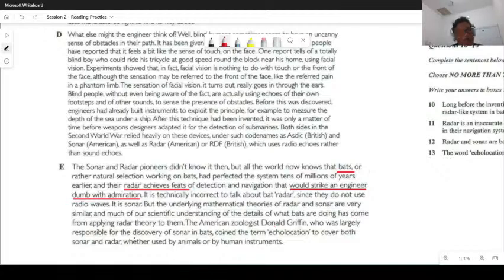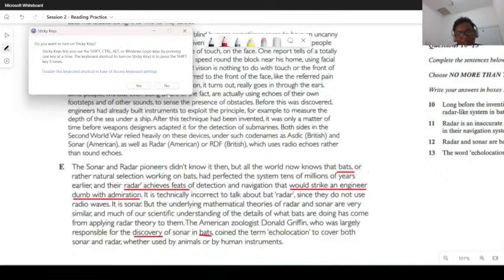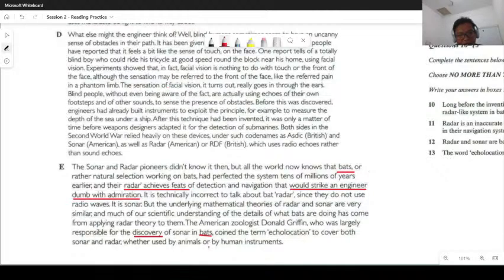Oh, look at that. We actually found a specific word for discovery there, and we also found the word bats there. Who was largely responsible for the discovery of sonar in bats, coined the term echolocation to cover both whether used by animals or human instrument. So this is definitely going to be the answer because we found all the keywords.